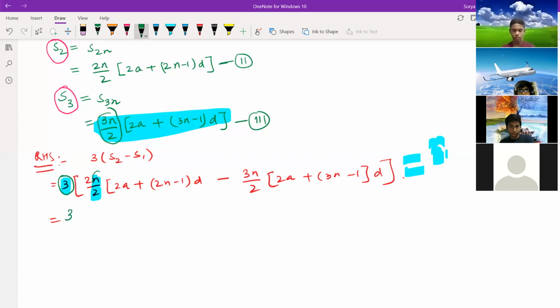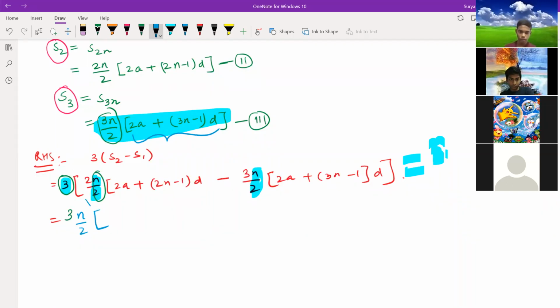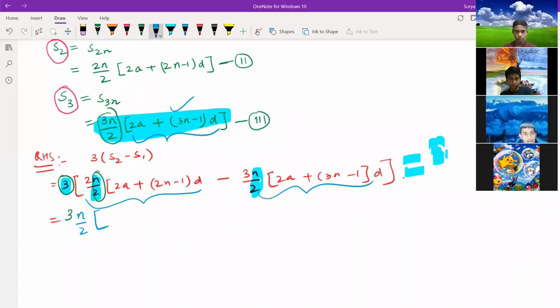Now this n by 2 and this n by 2 we take out as common. Okay children? Now whatever is coming under the bracket, we solve all of it and bring it down to this one. It's clear what I'm saying? Yeah, sir.